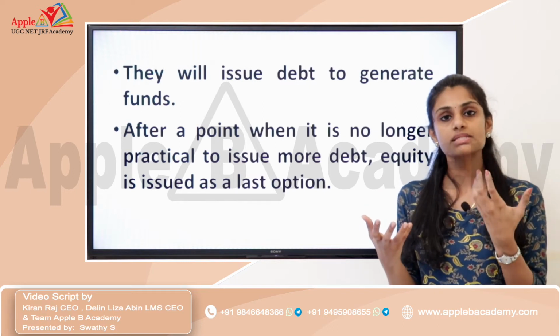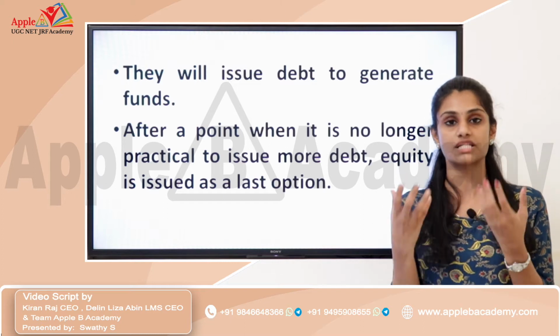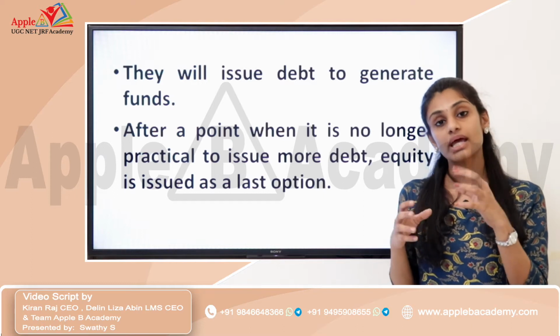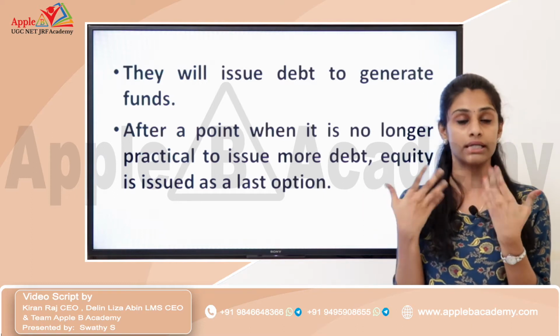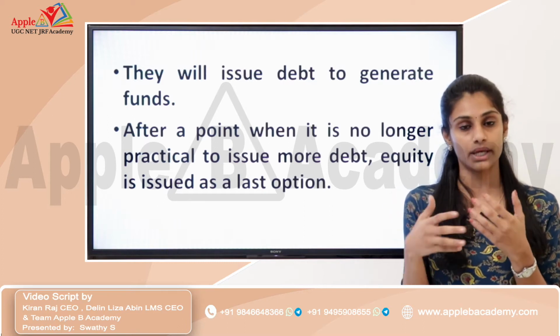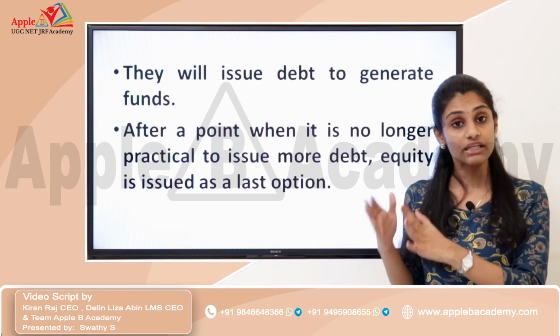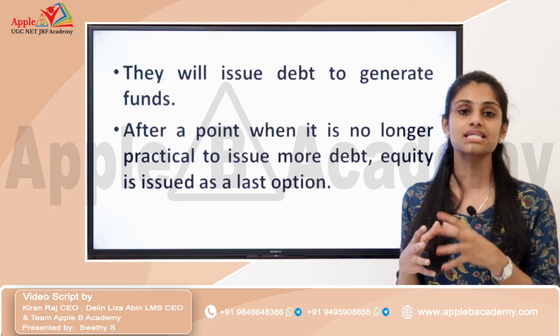What do we mean by cost of capital? Cost of capital is the minimum rate of return that you expect from the investment you have made. An equity shareholder is taking more risk, so in return he needs more return. So the cost of equity capital is higher. What about the cost of debt?